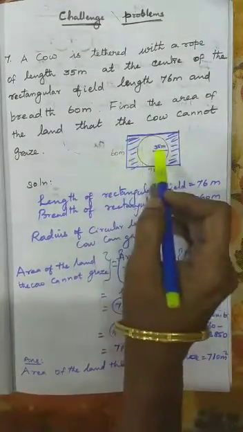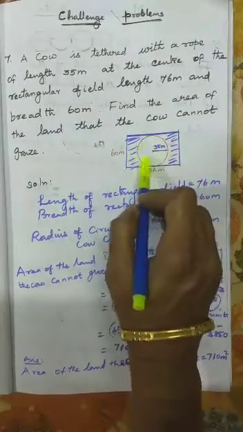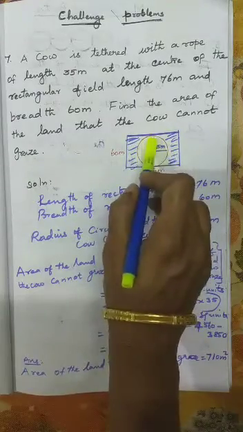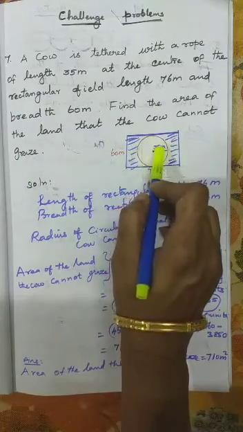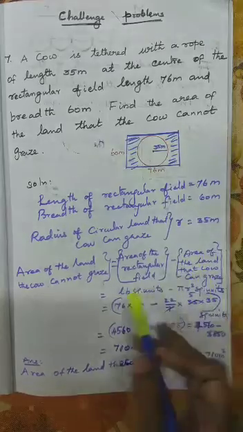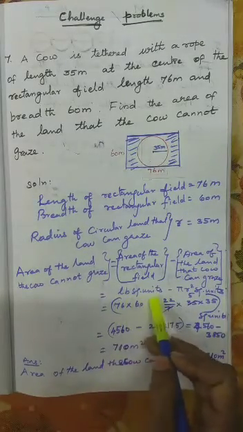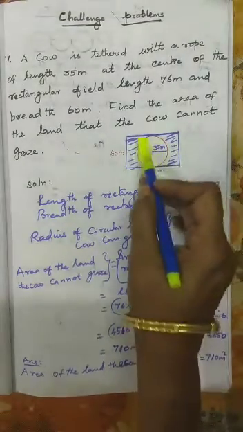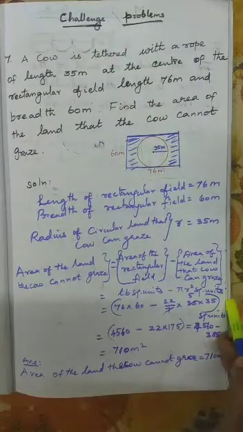From the rectangle, you are subtracting the area of the land which the cow can graze. So L into B square units minus the area of the circle, pi r square units.